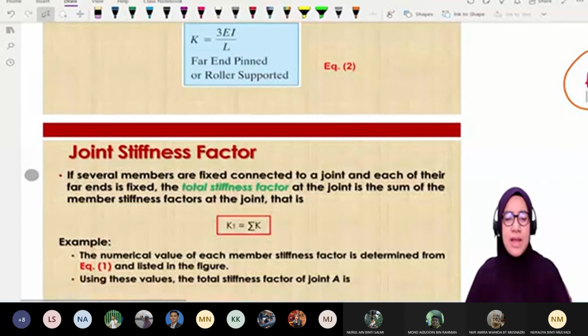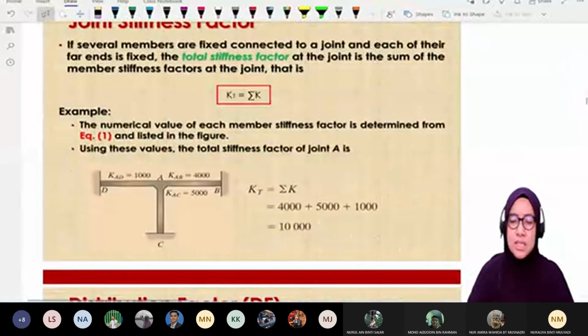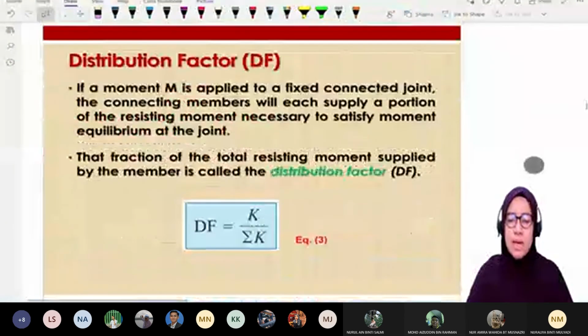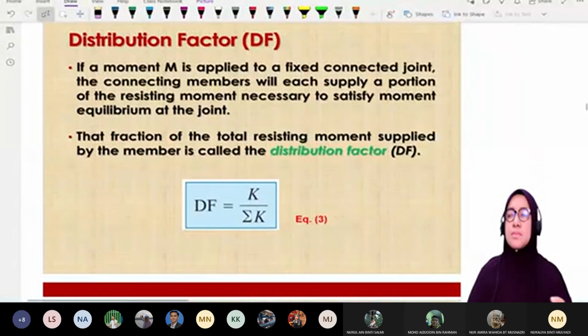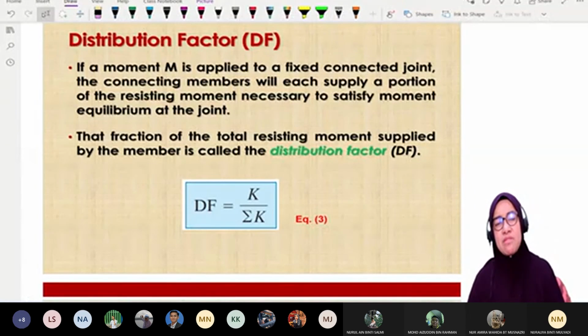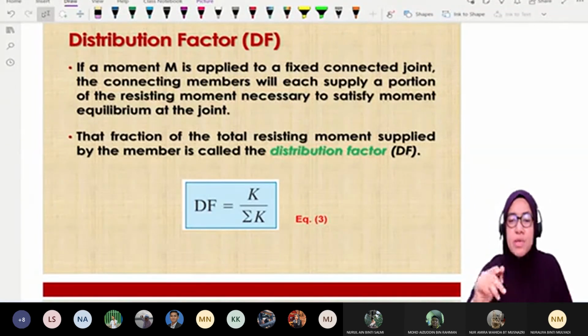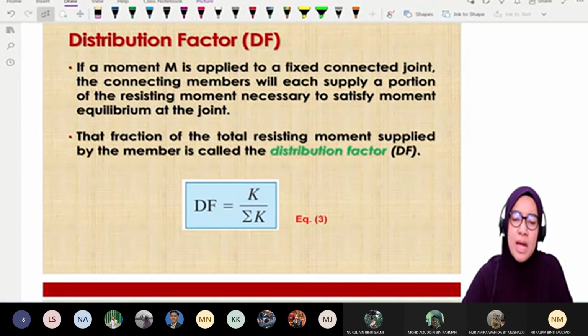And then to calculate the distribution factor, the formula to calculate distribution factor is this one. Distribution factor, we will use this factor to distribute moment. How to calculate this?